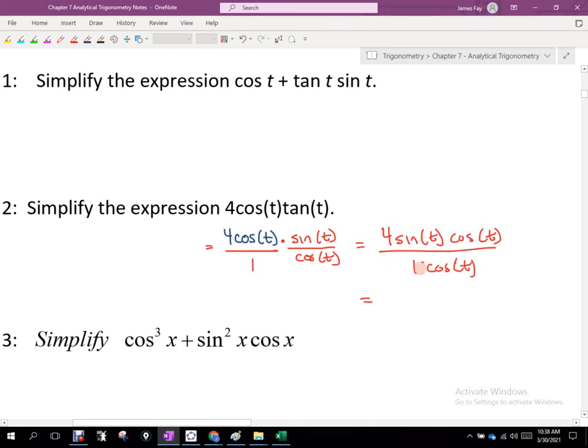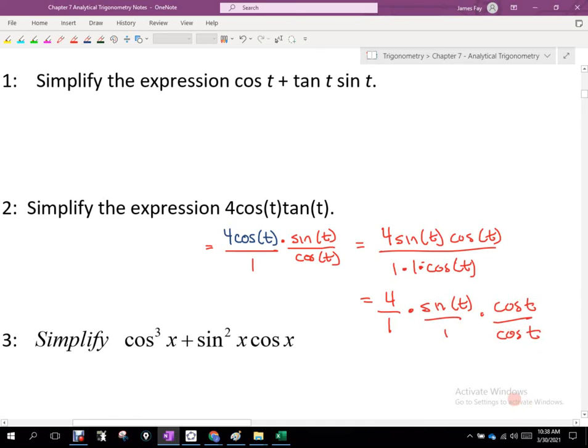Can I multiply this by 1 and still have that product? I'm going to multiply it by another 1 as well. And the reason for that is that you can now say, if this is a product of 3 numbers up top, and a product of 3 numbers on the bottom, that means this is a product of 3 ratios: 4 over 1 times sine of t over 1 times cosine of t over cosine of t.